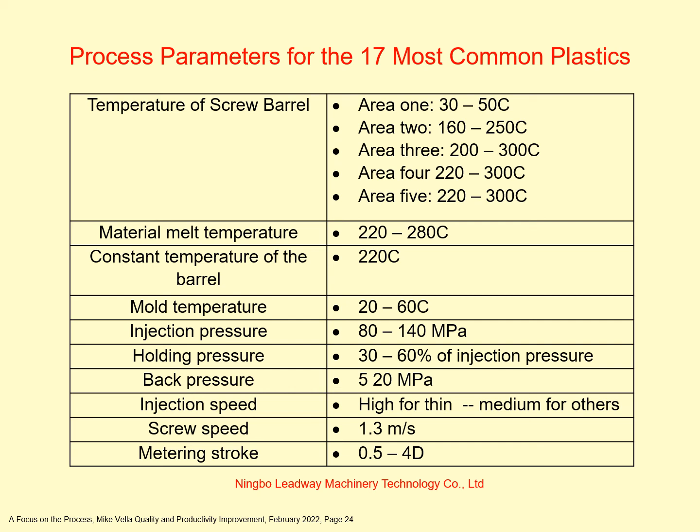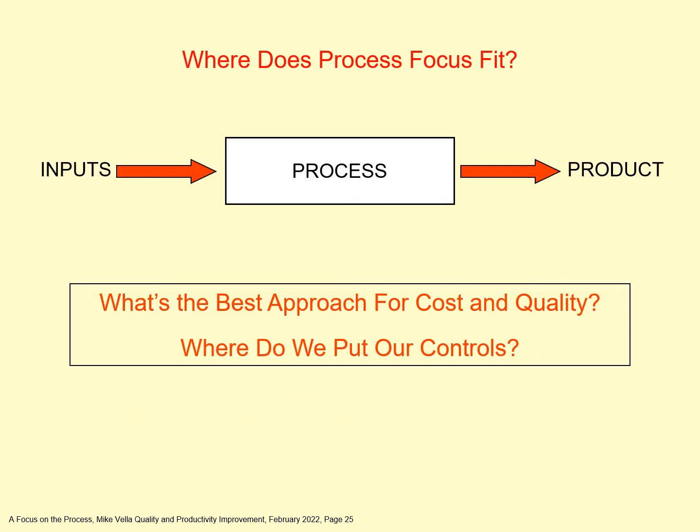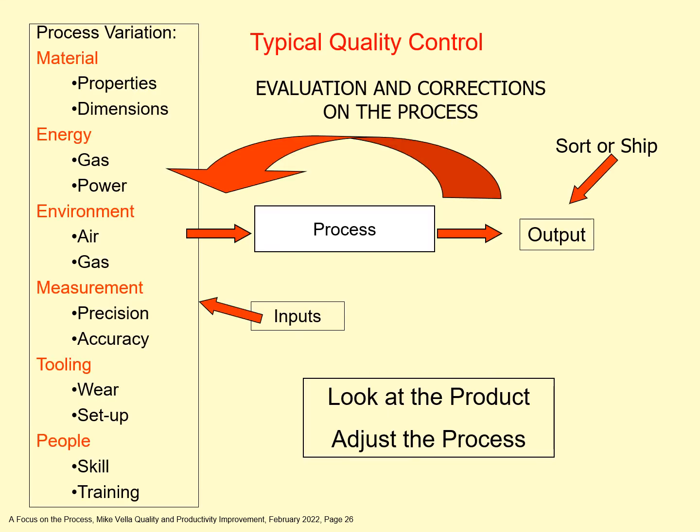The point is, how do you control each one of those process variables? Process controls have to fit someplace. So how do you figure out the best approach for cost and quality, and where do we put our efforts? Typical quality control looks at the product as soon as it comes out of the process.